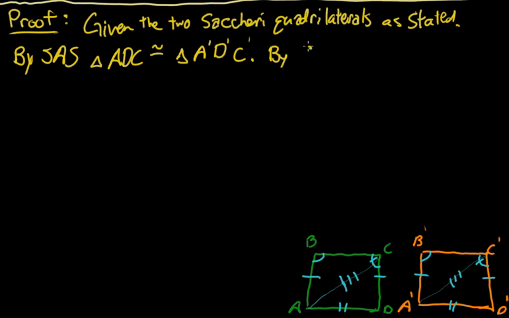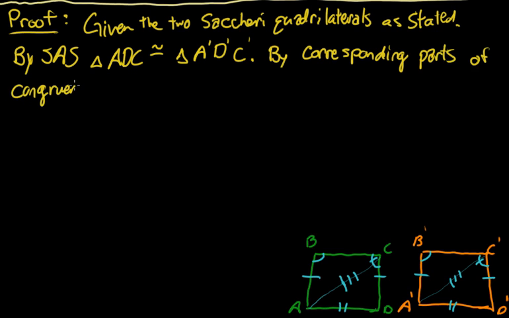Then by corresponding parts of congruent triangles, AC is congruent to the prime version of AC, which is what I just now did with the teal lines there.